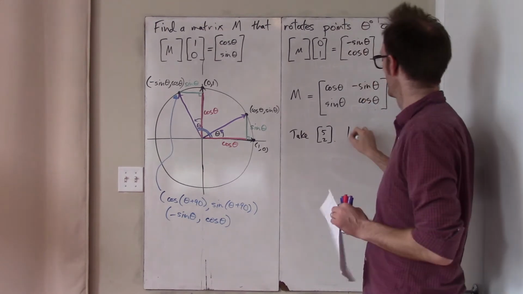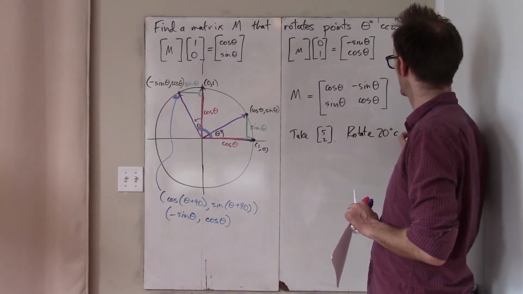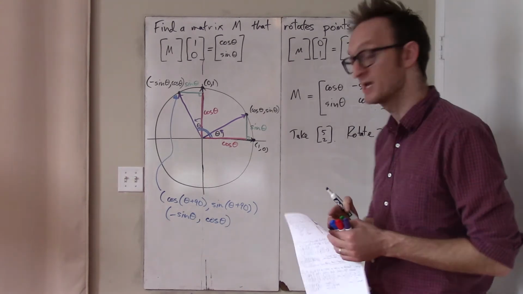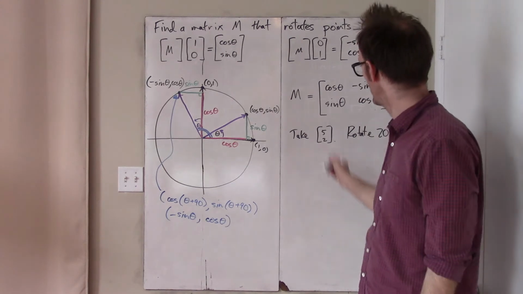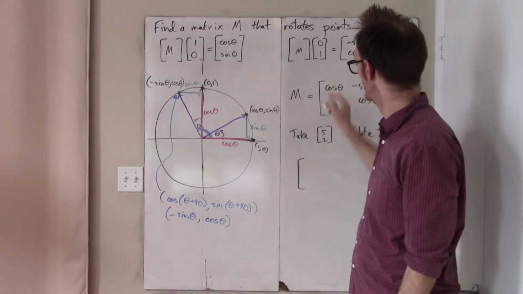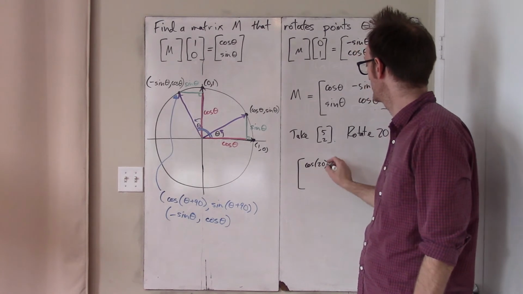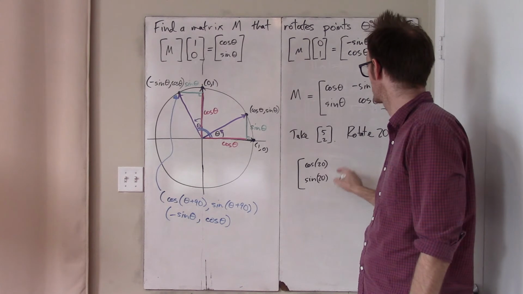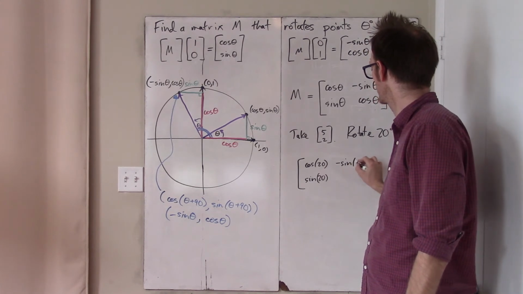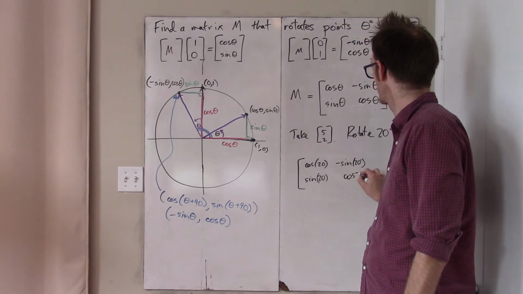Suppose I want to rotate it by 20 degrees counterclockwise or something like that, and I have a calculator. Then I just dial up this matrix: cosine 20 degrees, sine 20 degrees, negative sine 20 degrees, and cosine 20 degrees.